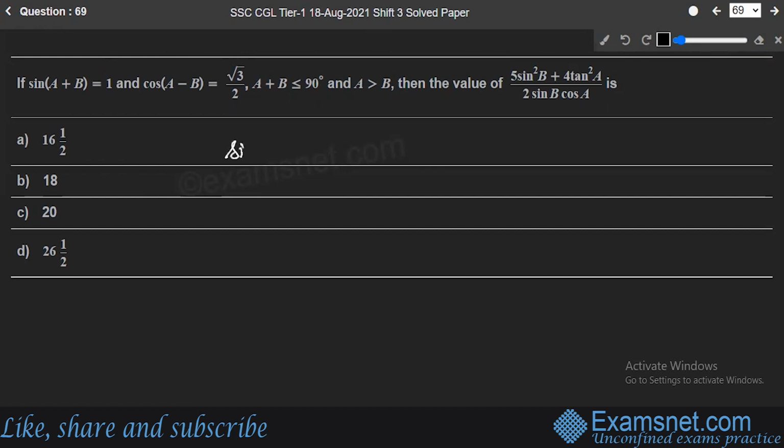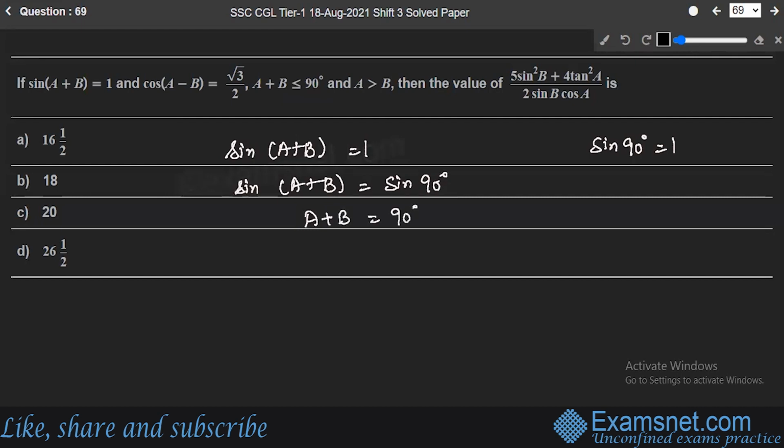First of all, you are given sine (A plus B) is equal to 1. You know sine 90 degree is equal to 1. So this gives you sine (A plus B) is equal to sine 90 degree. From here you have A plus B is equal to 90 degree. Also you are given cos (A minus B) is root 3 by 2.